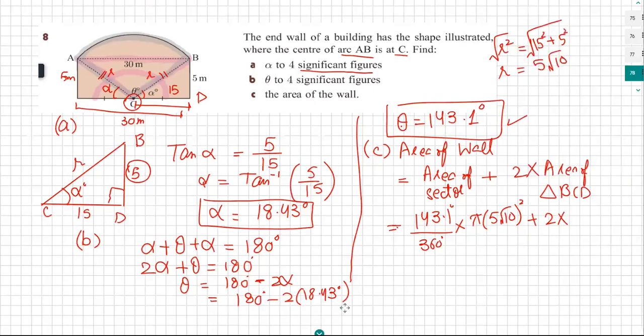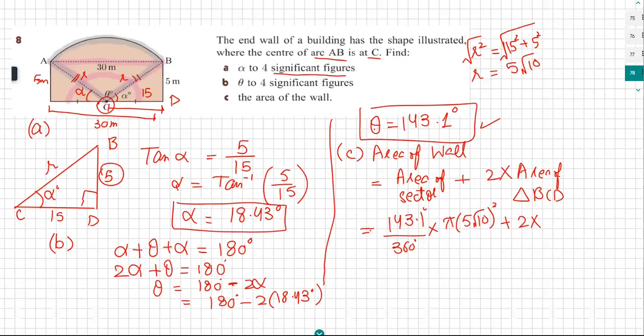What is the area of triangle here? 1/2, because it's a right angle triangle, so we can take 1/2 base into height. Got it? So 1/2 base, base is 15 and height is 5. Got it? Okay.